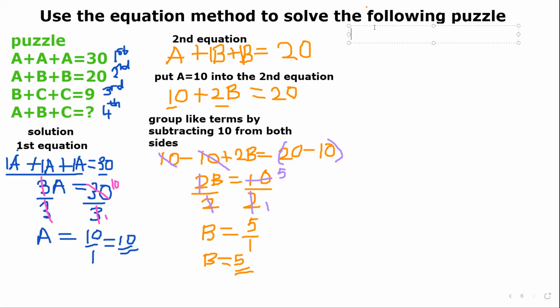You write on top: third equation. Okay. Write the third equation. And what does the third equation state? It is B plus C plus C equal to 9.